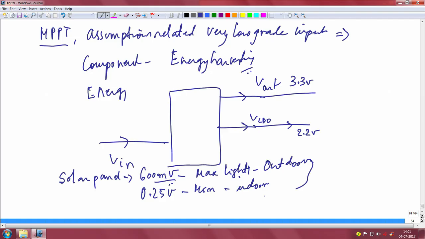How to know how much you will get? One is to use a multimeter, the other is to know, as an engineer, some numbers which will allow you to design your system.